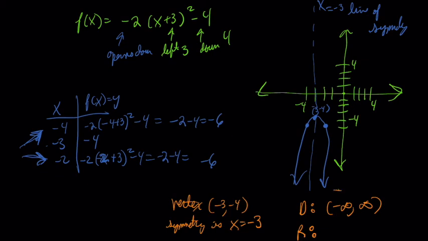In this case, my range goes from negative infinity, right, that's all the way down here, all the way up to negative 4, and negative 4 is included. So my range goes from negative infinity to negative 4.